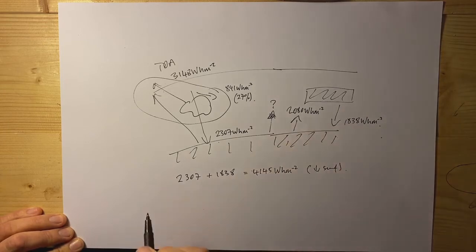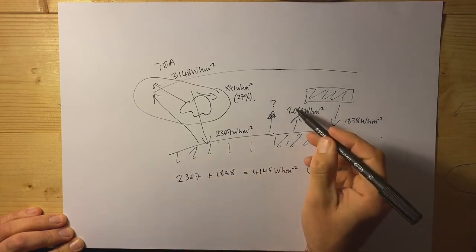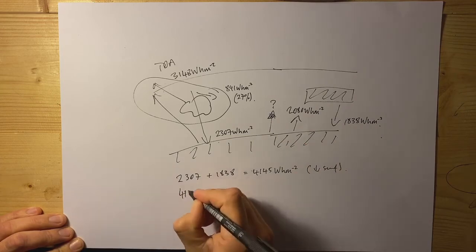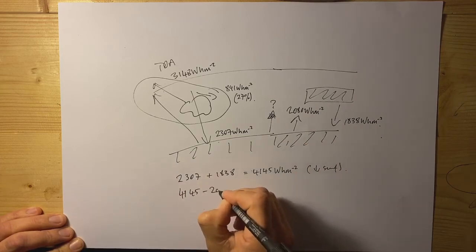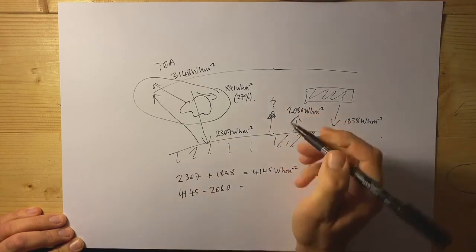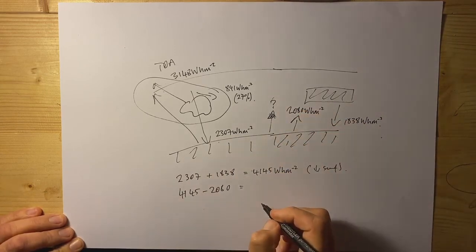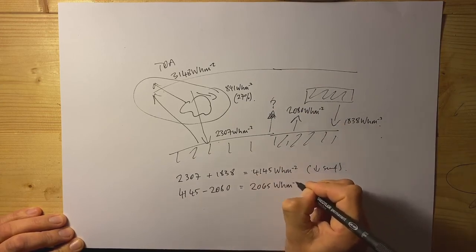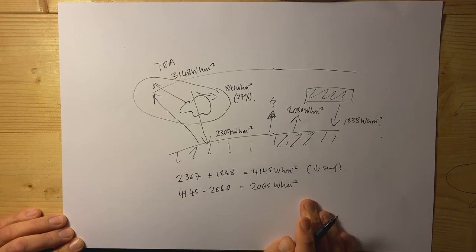The surface, though, is only emitting in radiative fluxes 2,080. So we can do 4,145 minus 2,080, which gives us the balance of the energy which we're missing here, and that is 2,065 watt hours per meter squared.